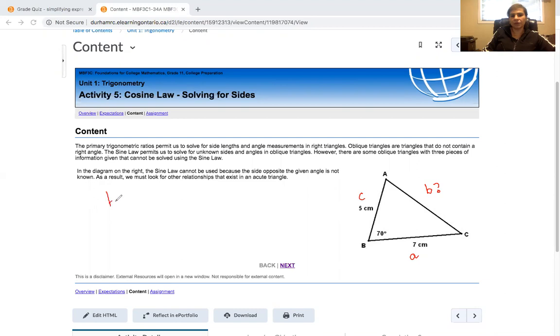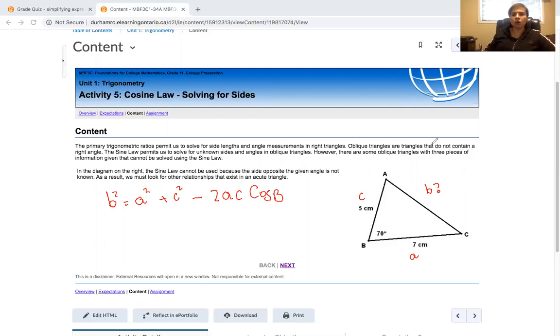It's going to be B squared equal to, I know side A and I know side C, so that's going to be A squared plus C squared. Part of this formula comes from the Pythagorean theorem. So it's B squared equals A squared plus C squared minus 2AC cos B. So this is the formula for cosine law.